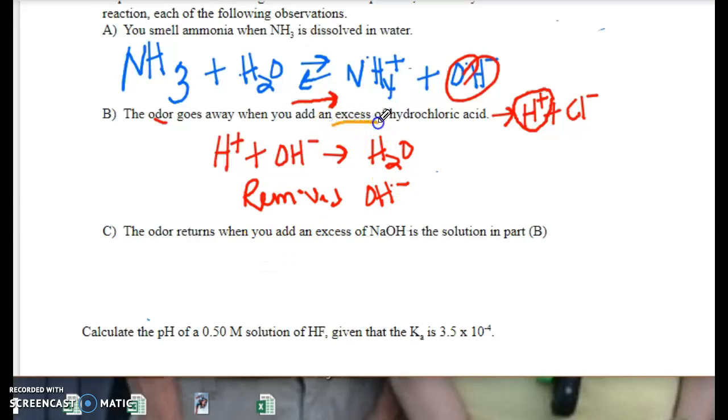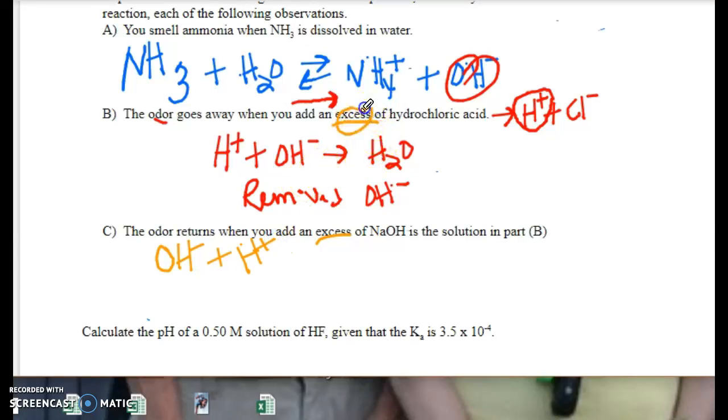Key thing here, we have some excesses, so excess hydrochloric acid and excess sodium hydroxide. So when we start adding more hydroxide, again, it's going to react with some of the excess hydrogen.